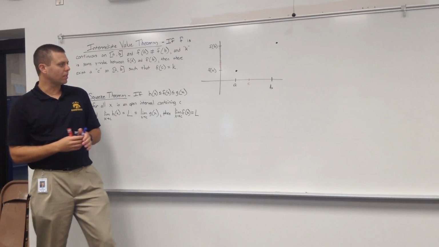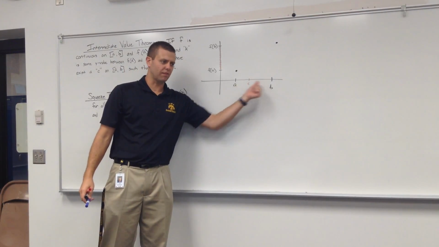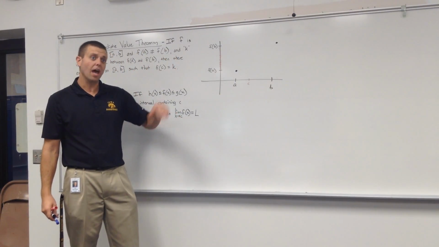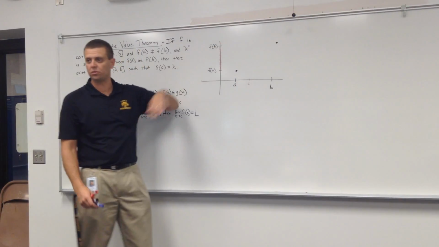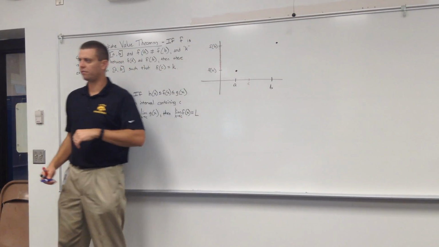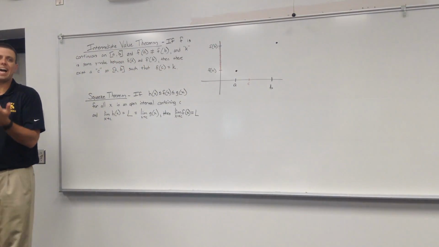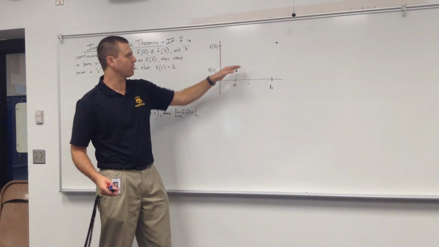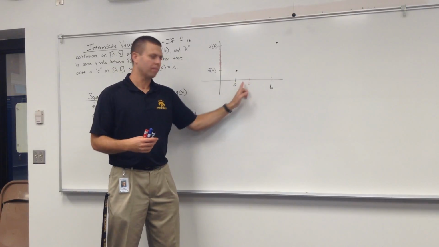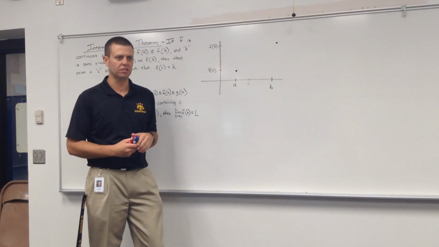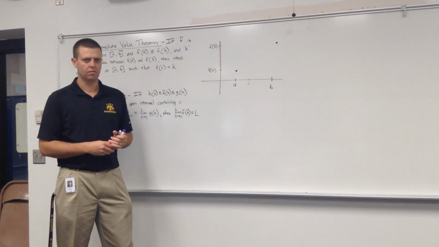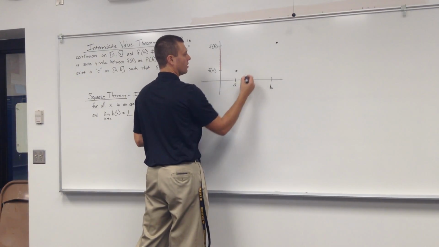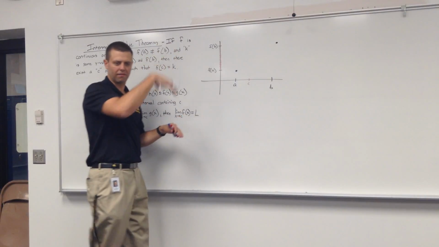There has to be some x value between A and B such that f of x equals that y value that's between f of A and f of B. In other words, I need to hit every y value from here to here, and I guarantee there's going to be some x value that results in us hitting that y value. Okay? I know there's no way to go from here to here by skipping a y value.